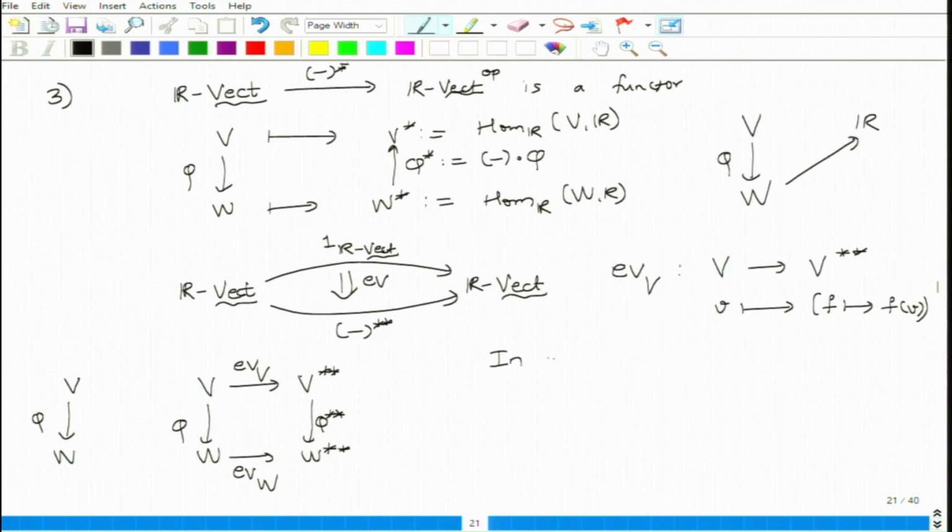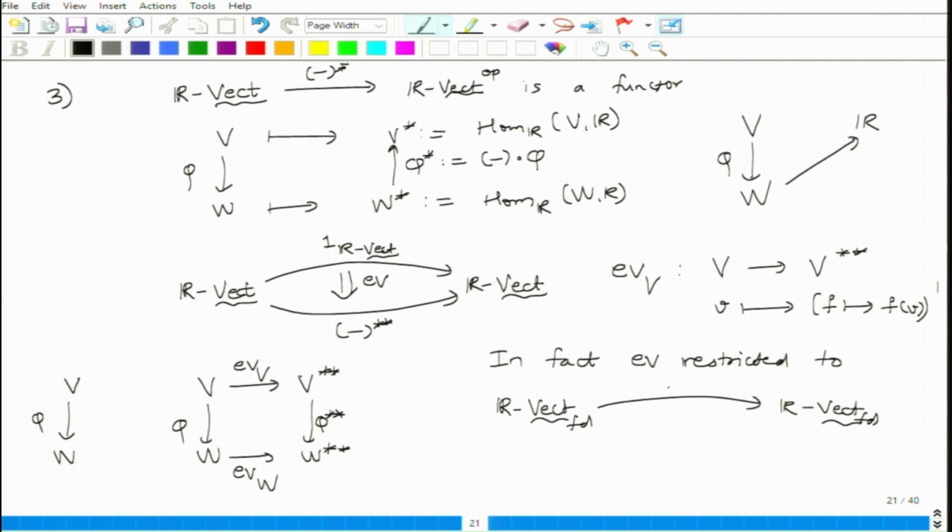In fact, EV restricted to finite dimensional vector spaces, this also you have seen that for finite dimensional vector spaces, evaluation is an isomorphism, right?